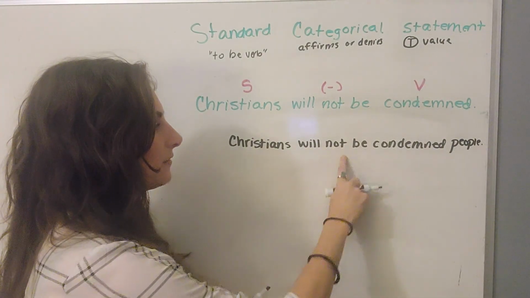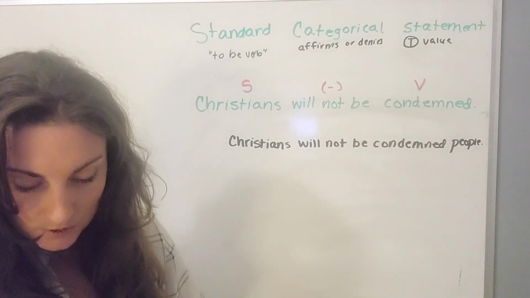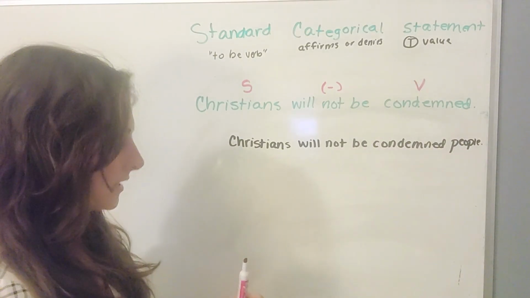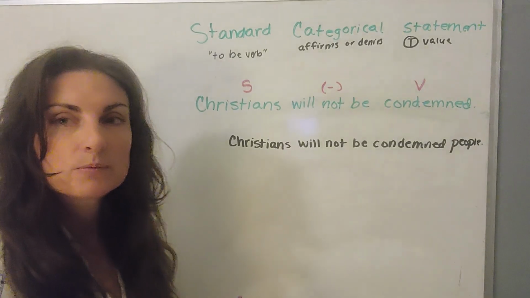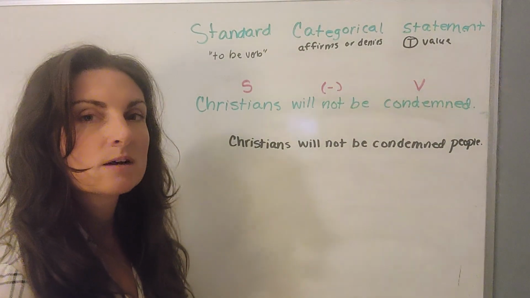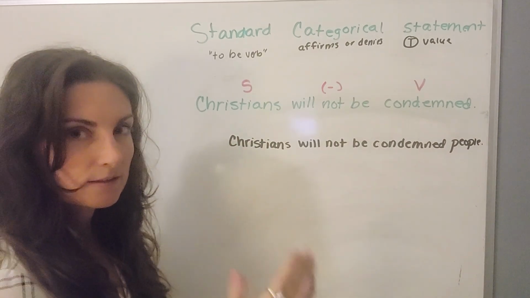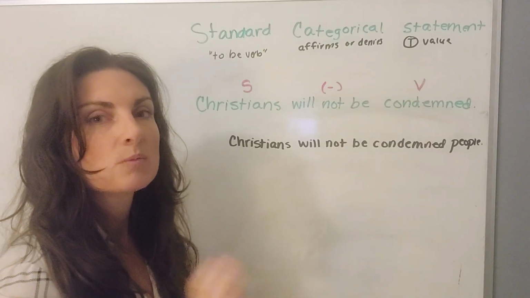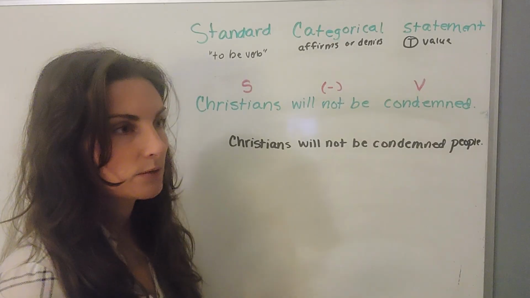Now, if you notice, it's saying that will not be. So this negative word here tells us a lot of information as to which of our four categorical statements it is going to be. So it's a negative. So if you remember, our negative side of the square of opposition was No S are P and Some S are not P. So we know which side it's going to be, but we have to figure out, is it going to be no or some are not? So we have the quality, which is negative.